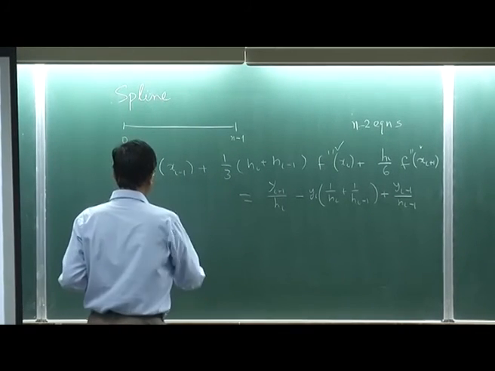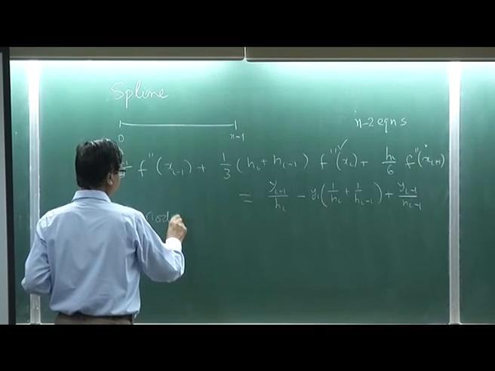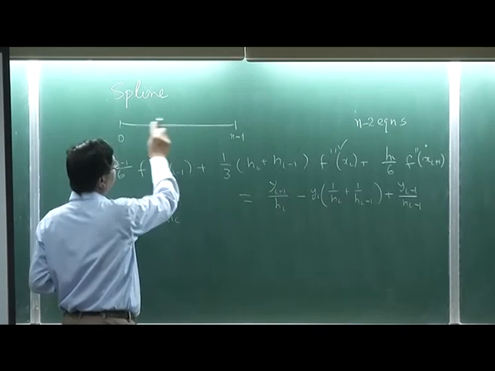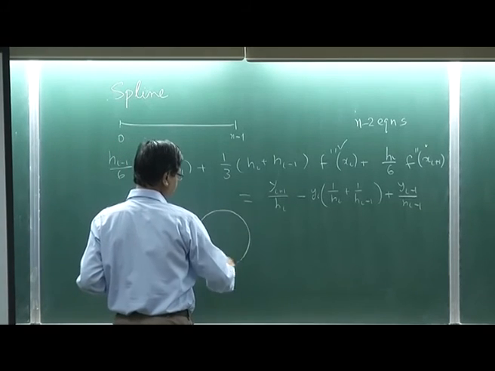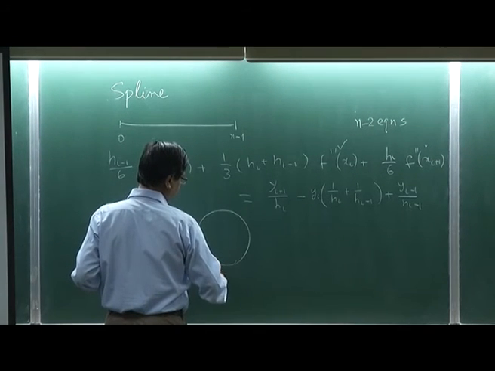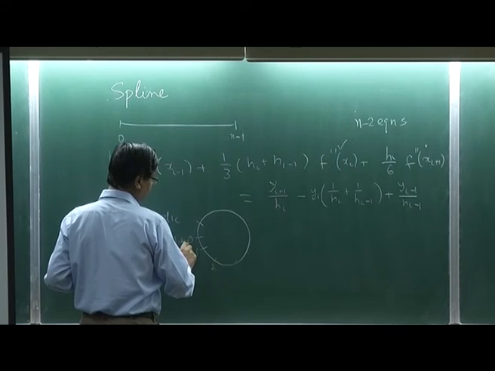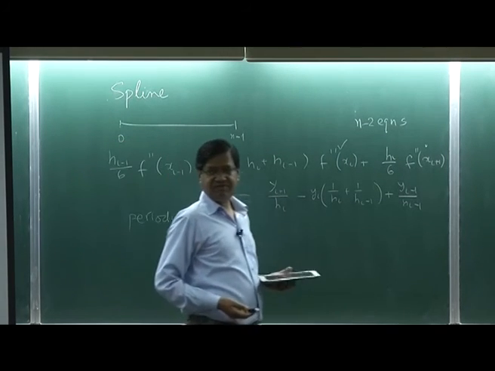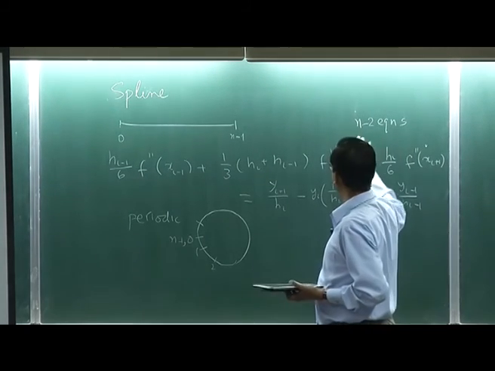So if we assume periodic, then these 2 points are the same. Okay, so it's like in a circle. So 0, 1, 2 like this, and this becomes n minus 1. So effectively we have one less point, so we need one less condition. So it's already n minus 2.